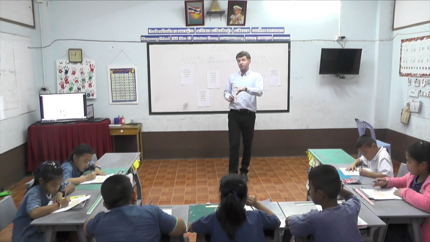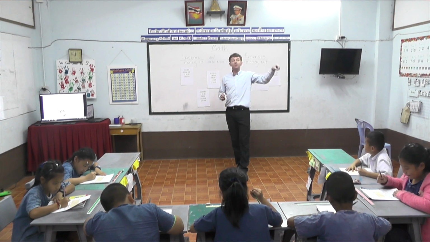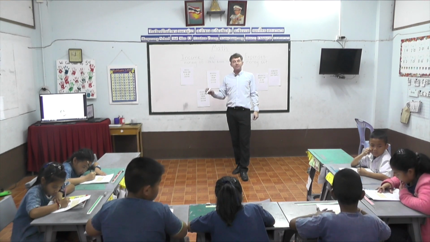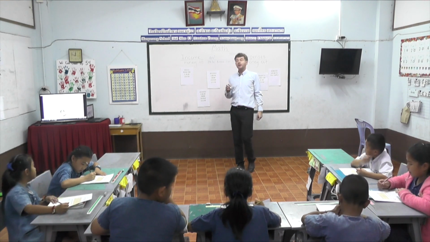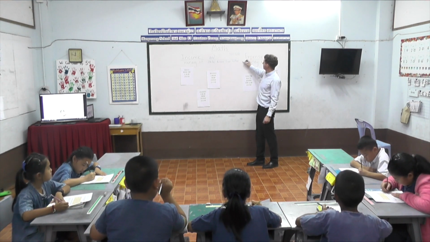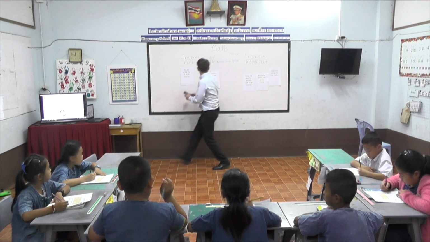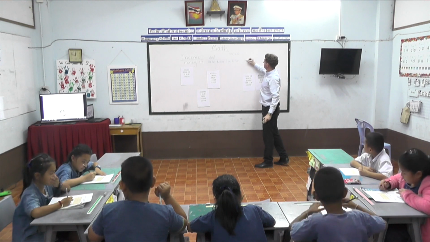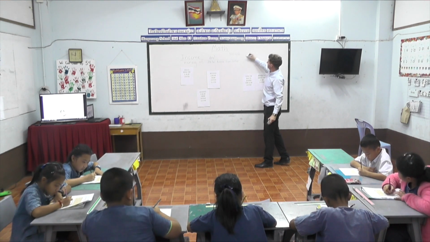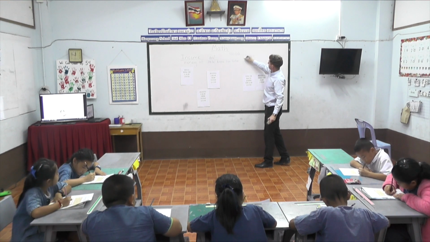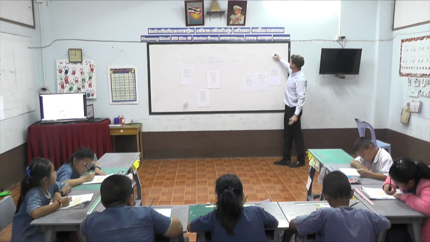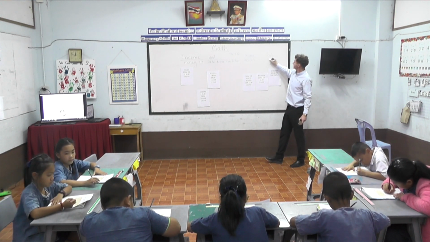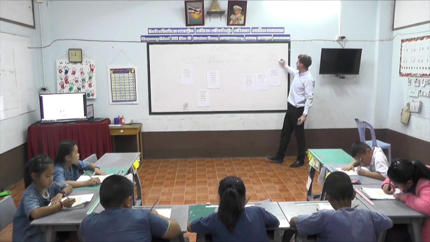So if we have 500 baht and we receive another 100 baht, how much money do we have in total? 500 plus 100? 600 baht. So we have the balance, I'll just write here. So 100 baht from Father will be income, which makes the balance 500 plus 100, 600 baht.